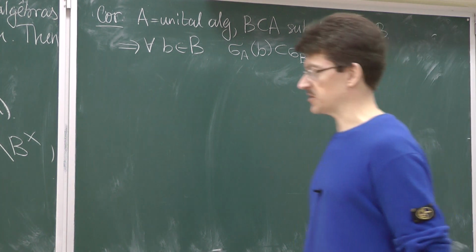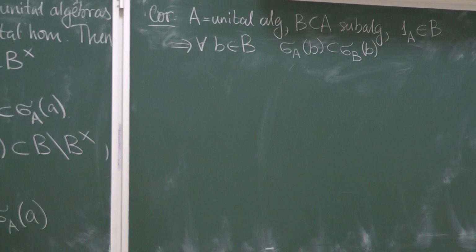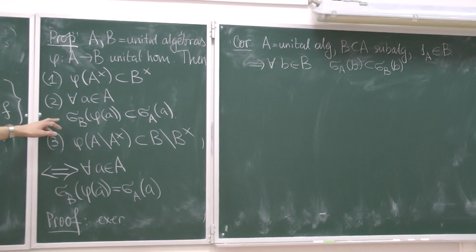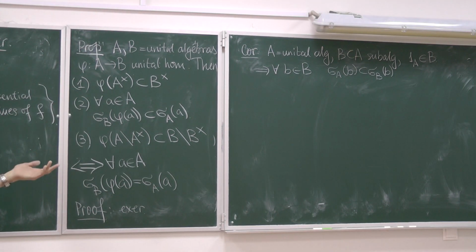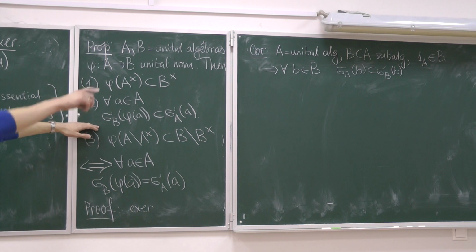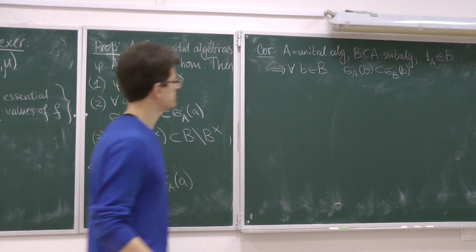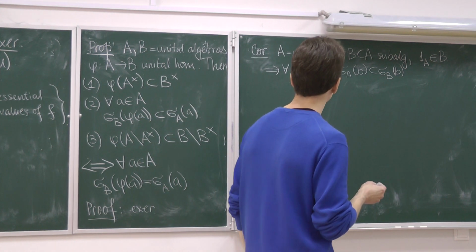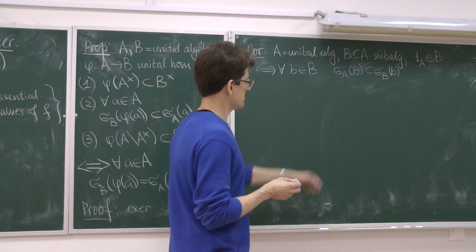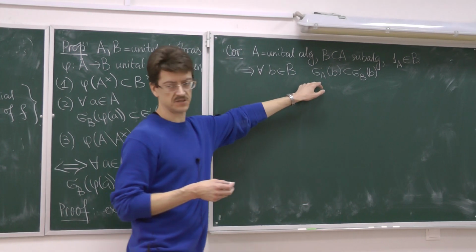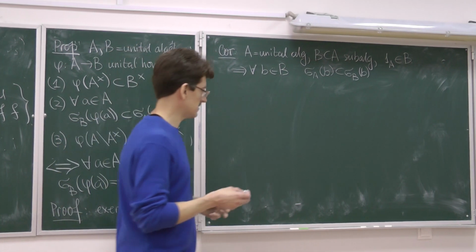Well, this is indeed a special case of the previous proposition, because we just consider the inclusion of B into A. The inclusion of B into A is a unital homomorphism, and so this corollary becomes a special case of this formula. Sometimes this inclusion is an equality, and there is a special name for this situation.